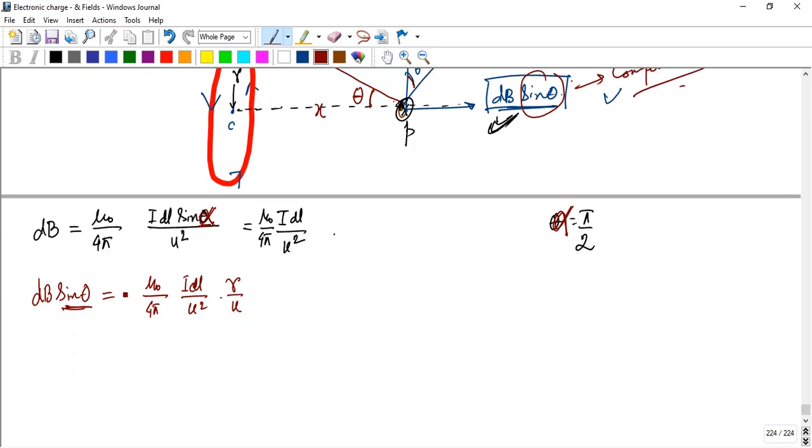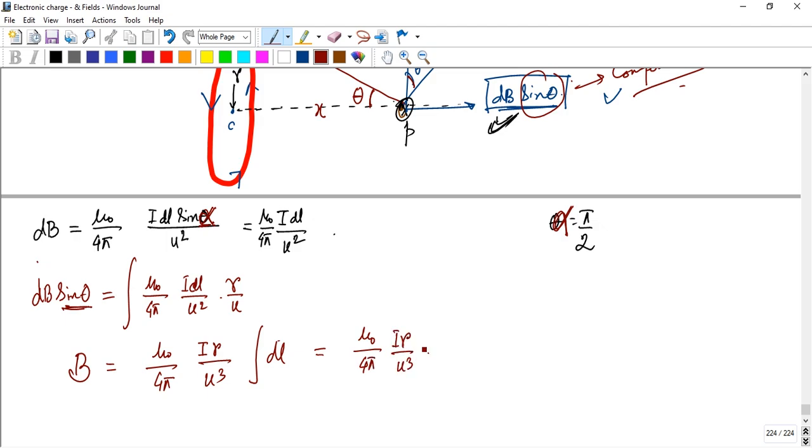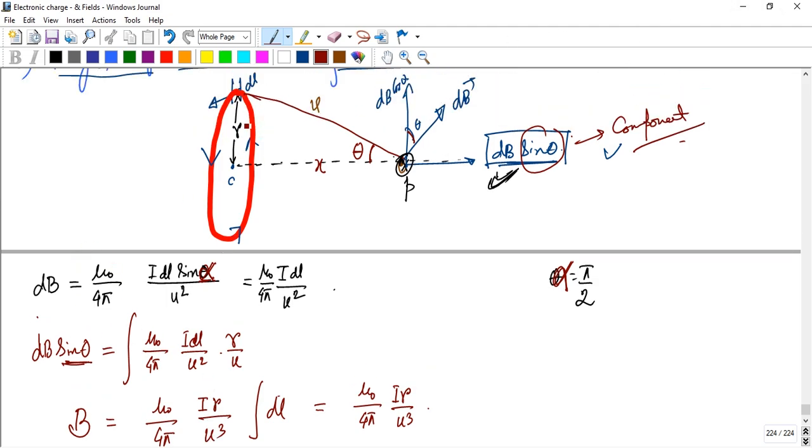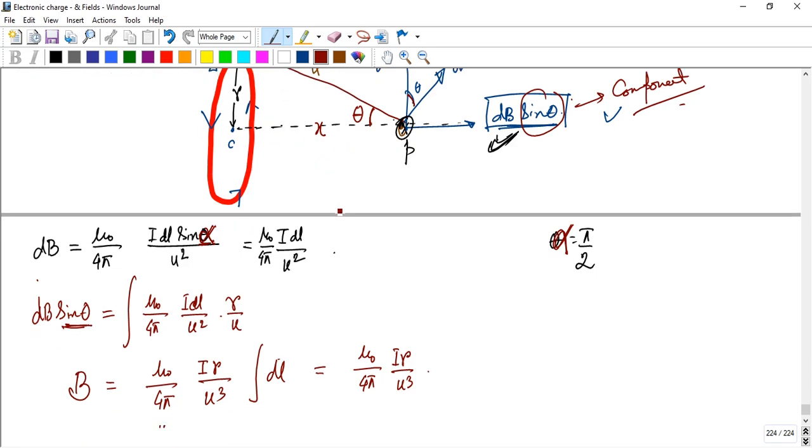Now integrate both sides because there is a dl, so on the left dB we get B. Outside the integration, mu 0 upon 4 pi is constant, I r by u cube, integration of dl. Integration of dl is L, so mu 0 upon 4 pi I r by u cube times L. L means here the circular path, the total length, which is the circumference of the circular loop, that is 2 pi r.